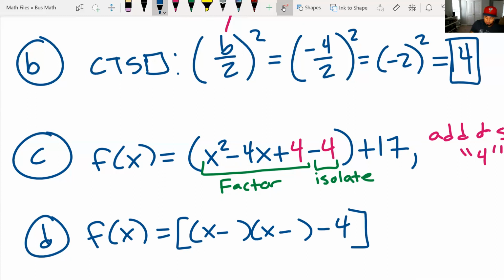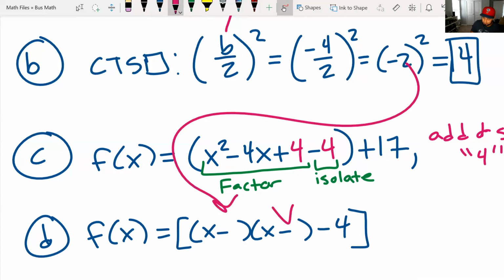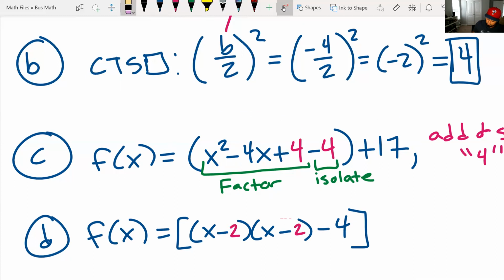And again, what number goes in these parentheses? That is going to be the -2. So you'll have x minus 2 squared. And don't forget about the 17.